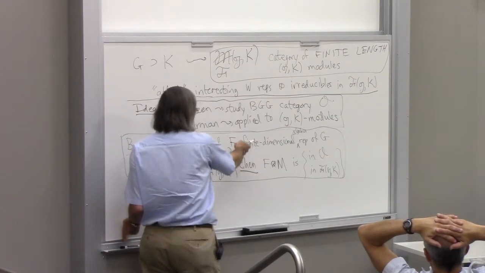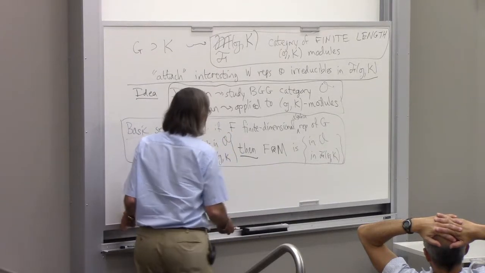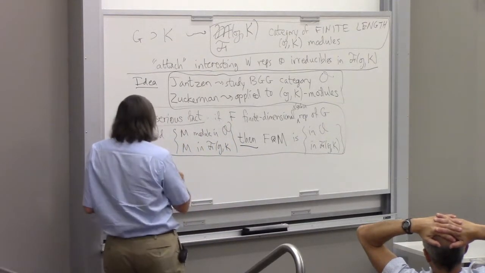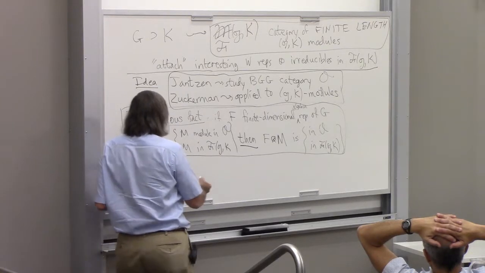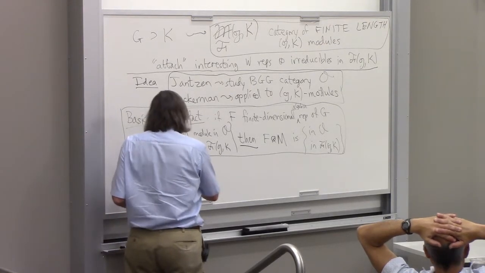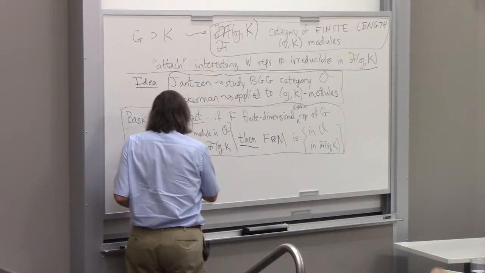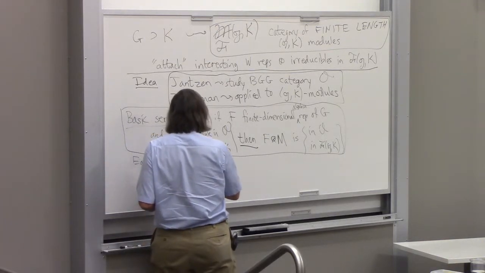I want to work with finite dimensional representations of G, and so what happens is that each M is now part of a family.